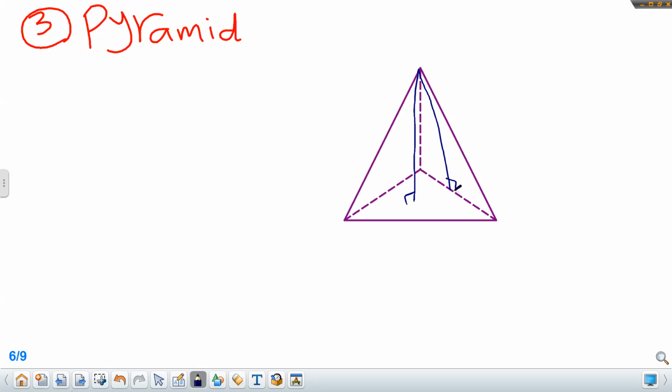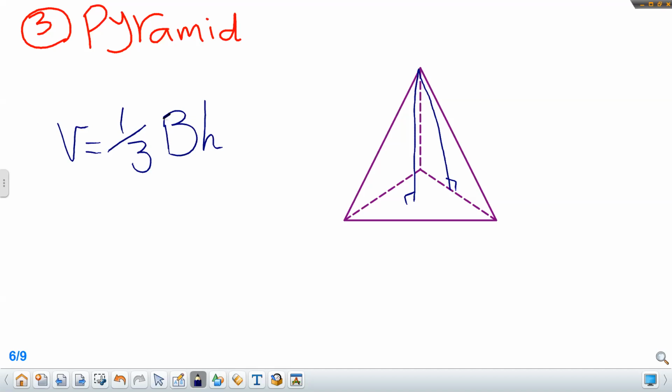But now, what about volume of the pyramid? Volume of the pyramid is 1 over 3 base area times height. Base area is the area of the base. Base maybe square, maybe rectangle, maybe triangle, maybe anything, okay.